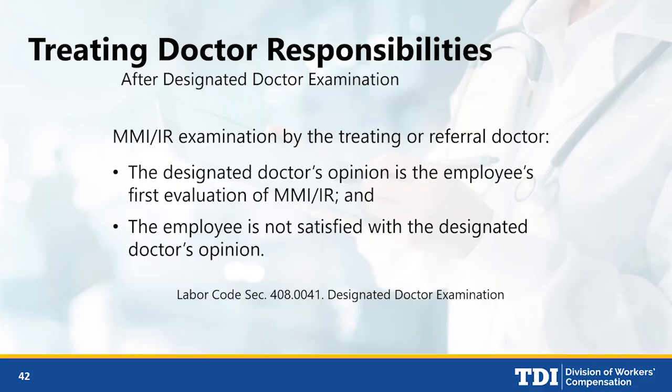The injured employee can then request an evaluation by their treating doctor or a referral doctor chosen by the treating doctor. This process gives the injured employee a chance to get a second opinion and ensure that there's fairness and accuracy in assessing their medical condition and the impairment rating.